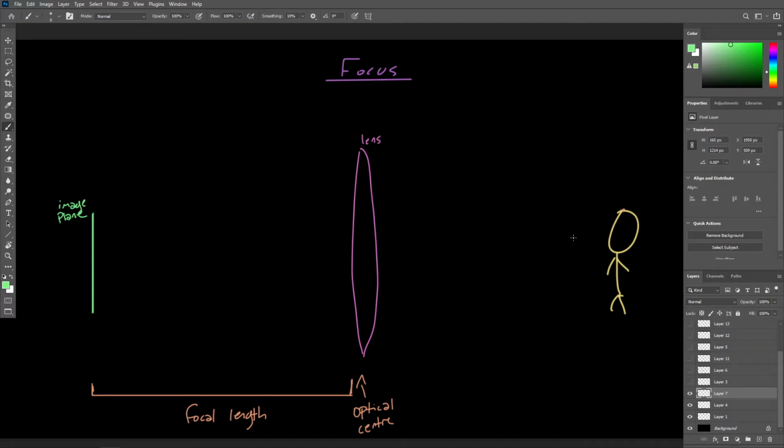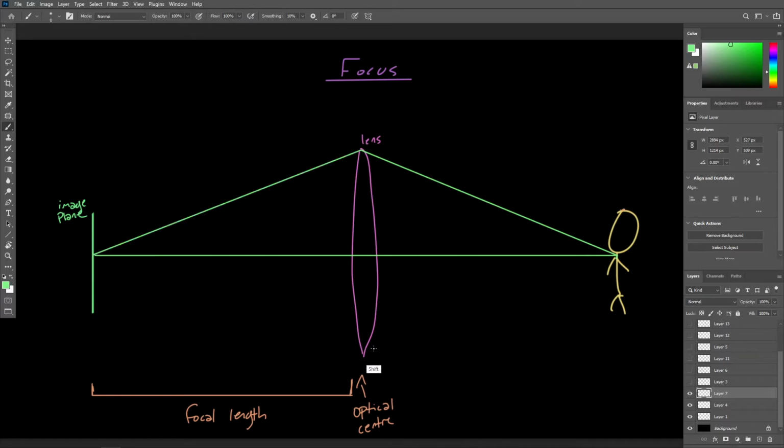In the diagrams we've been using so far, we've assumed that the camera assembly is at precisely the right distance from the subject, such that light rays, once they pass through the lens, will converge precisely on the image plane. So we've been imagining something like this, where light coming from some particular point in the scene is going to, once it's refracted through the lens, converge precisely on this image plane.